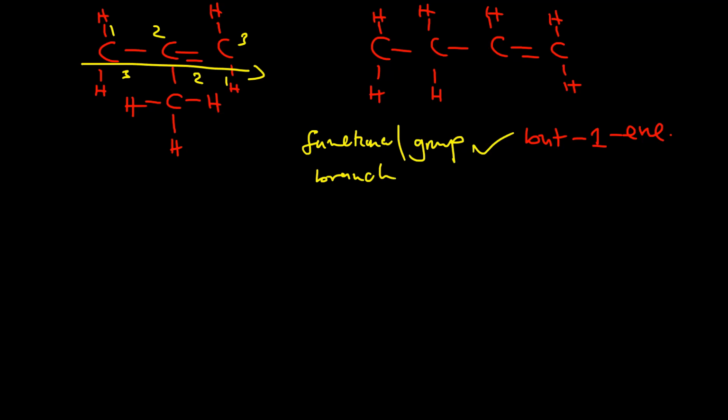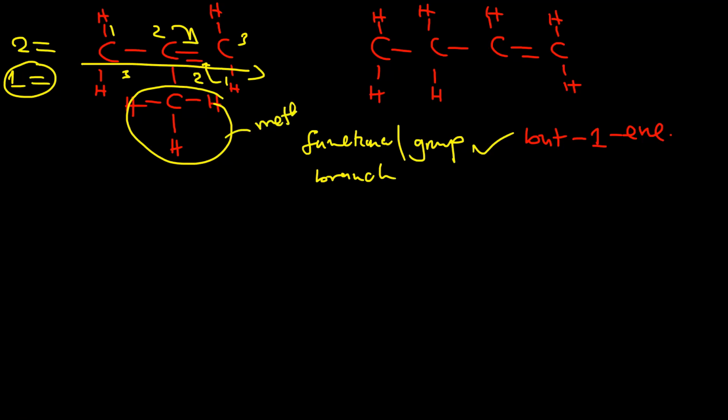Going forward, the double bond is at carbon 2. But going backward, the double bond is at carbon 1. So you consider the one that gives the lower number. And therefore the branch is at carbon what? Carbon 2. Pay attention: the name of the branch is methyl, and the branch is at carbon 2.